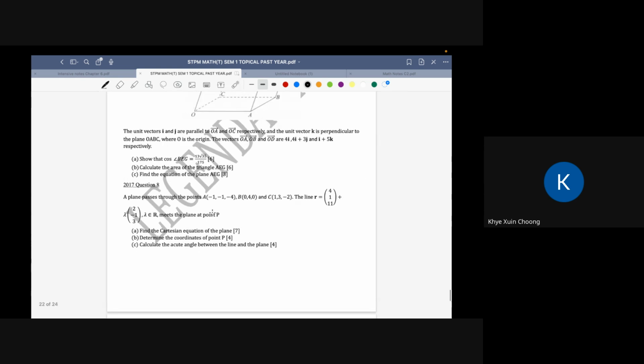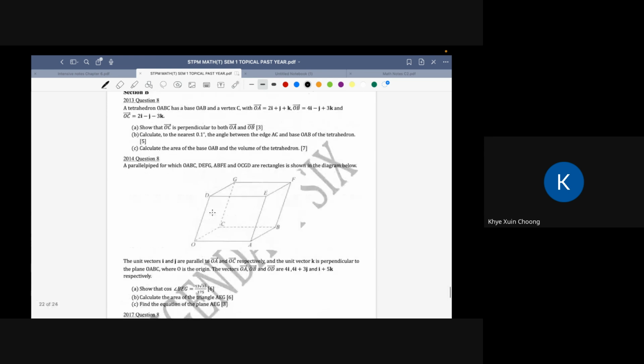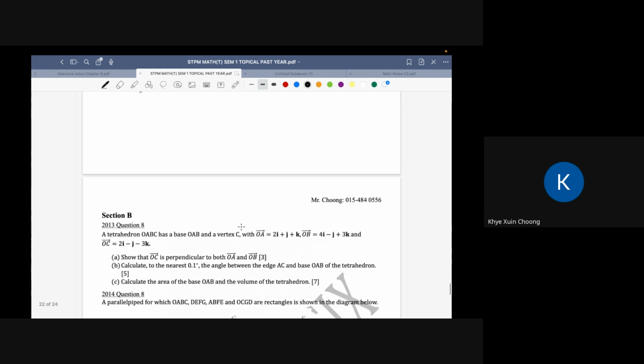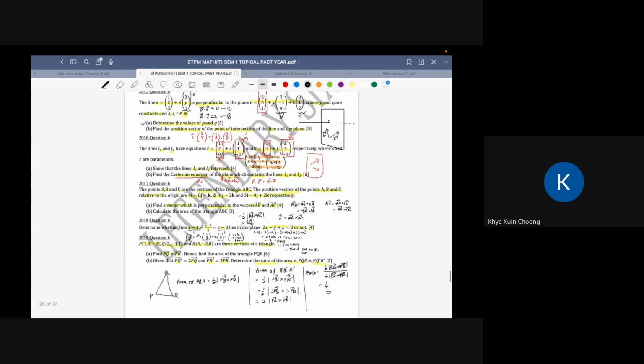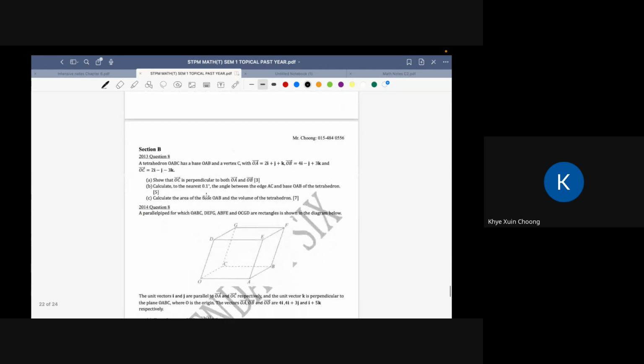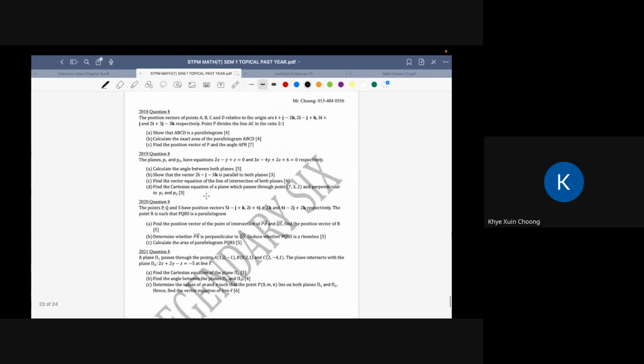It's better that you know vectors because the topic is quite small, and it also comes out quite frequently in section B. So if it comes out, you benefit not only section A but also section B. I suggest you focus more on vector questions. Just now I discussed all these vector questions for section A, so at least you know how to do all of this. If you already managed all of section A, you can proceed to section B and see if you have ideas.